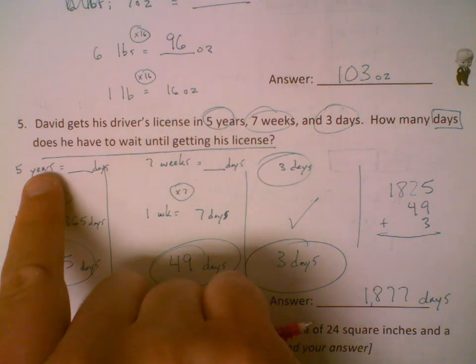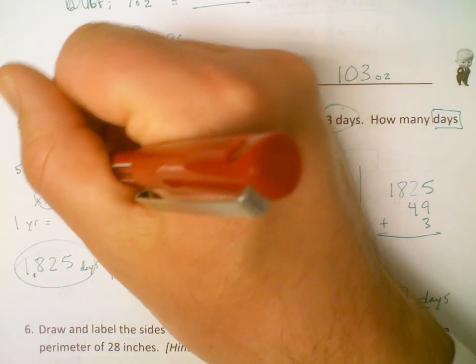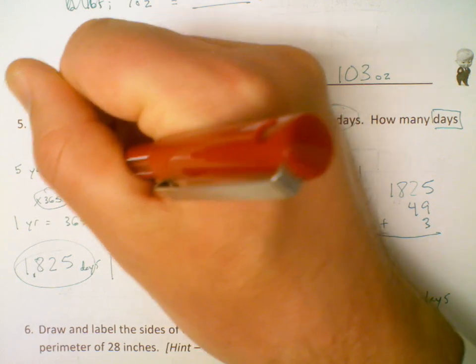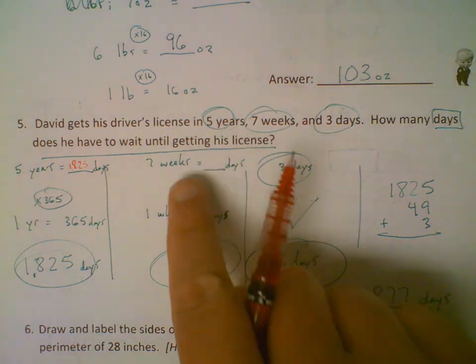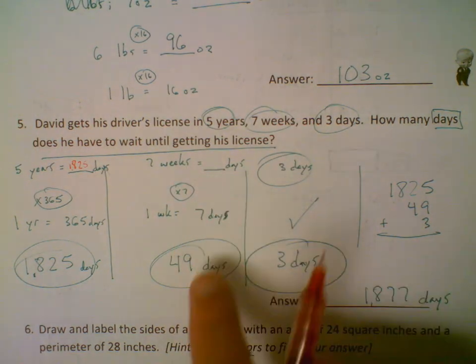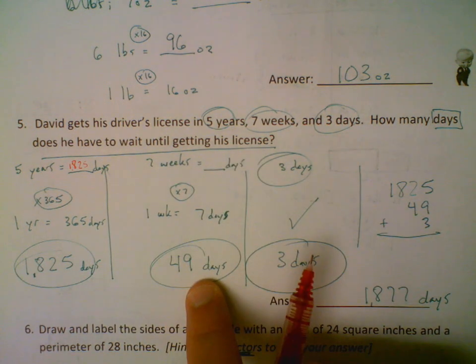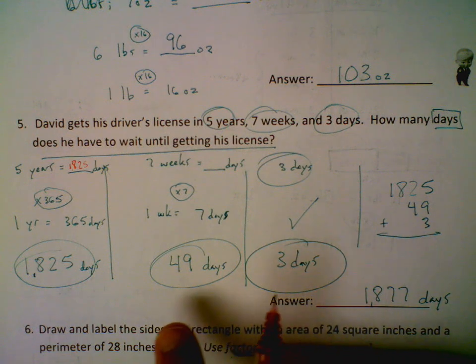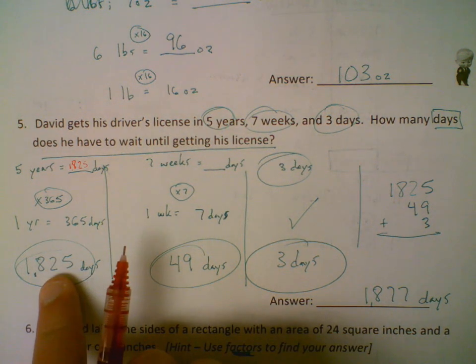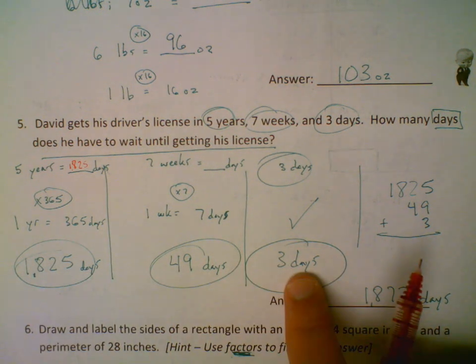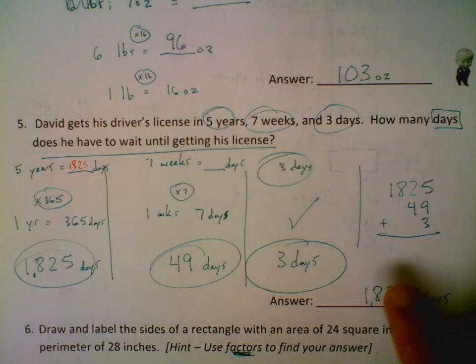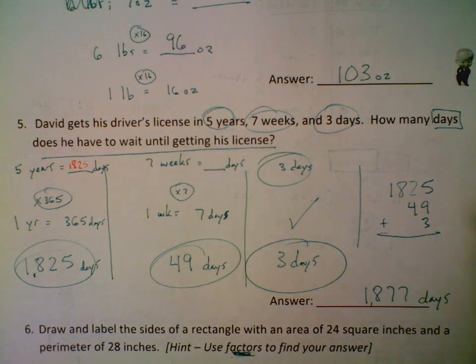So this is the years into days, 1,825. 7 weeks into days, well, 7 times 7 is 49. So I just added up all 3 of those. 1,825 plus 49 plus 3, add them all up, 1,877. Okay?